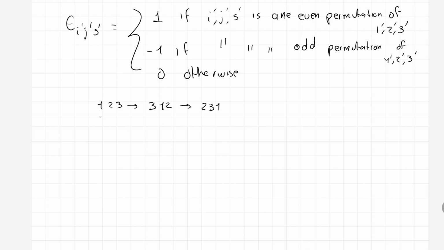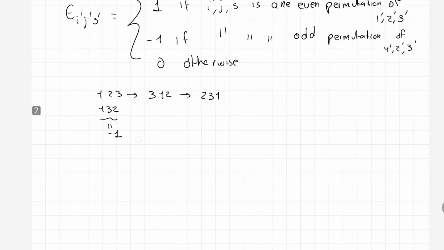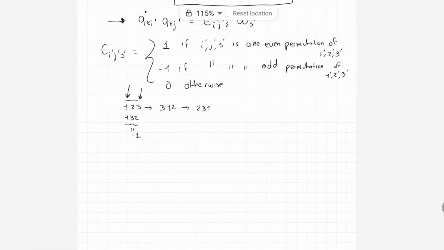So look that we have an ascending order from left to right. For example, if we have 1, 3, 2, in this case the Levi-Civita symbol will value -1, because we are not respecting the order from the smallest number, which is 1, to the largest number, which is 3.